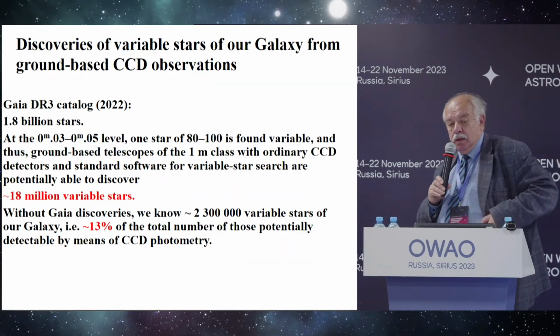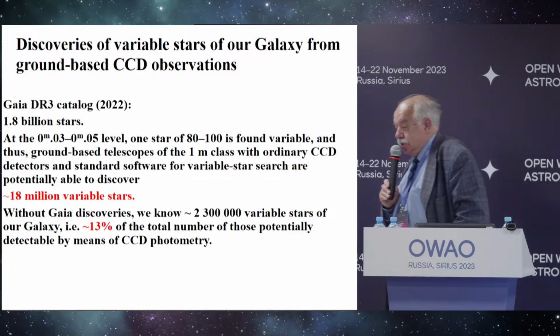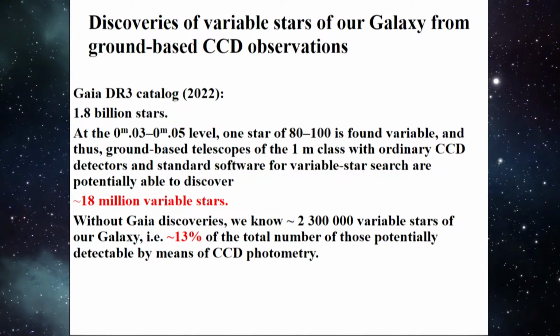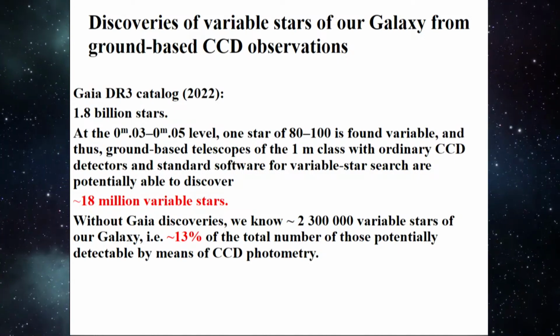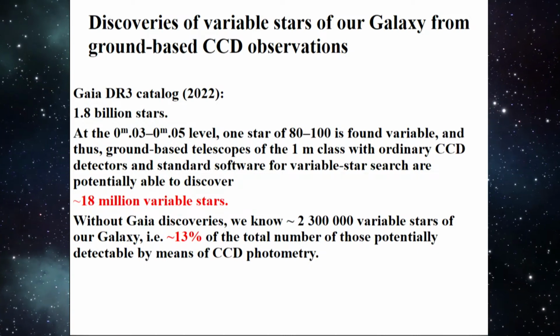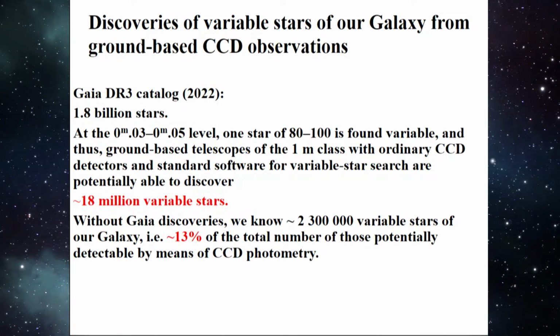Well, now let's see the prospects if we confine ourselves to ground-based observations. I remind you that the recent third release of the Gaia Astrometric Catalog contains 1.8 billion stars.